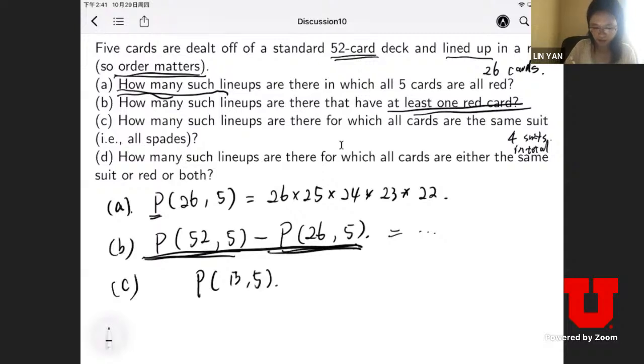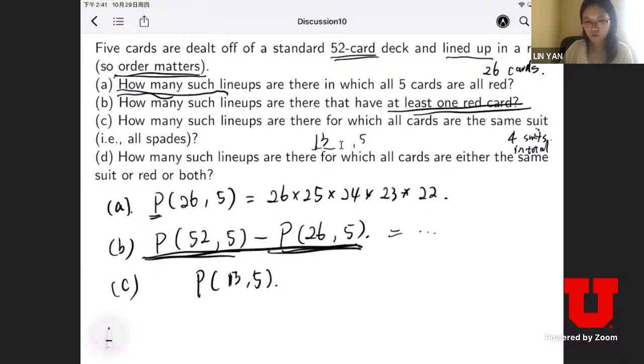I think that means that because we have 4 suits and in each suit there are 13 cards, you need to choose 5 of them. But there is a small mistake here, can you think about it?